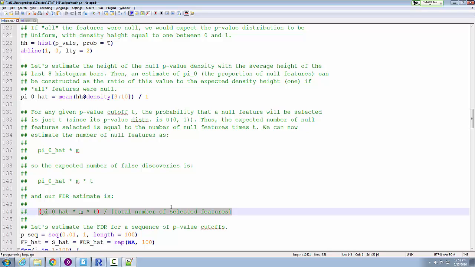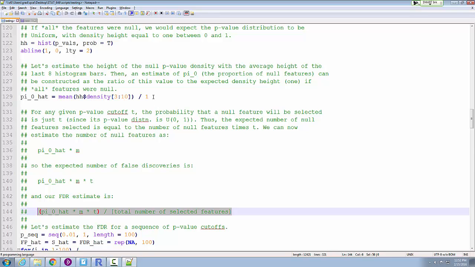That came straight from the paper. It's my estimate of the average of the ratio of the number of false positives divided by the total number of positives. So I want to estimate pi 0.